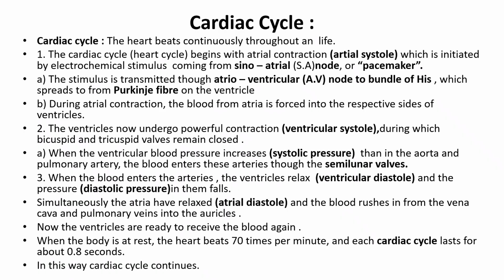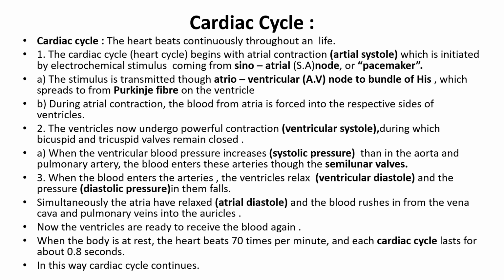When the blood enters the arteries, the ventricles relax, which is called ventricular diastole, and the pressure, the diastolic pressure, then falls. Simultaneously, the atria have relaxed, the atrial diastole, and the blood rushes into the ventricles from the vena cava and pulmonary veins. Now the ventricles are ready to receive blood again.